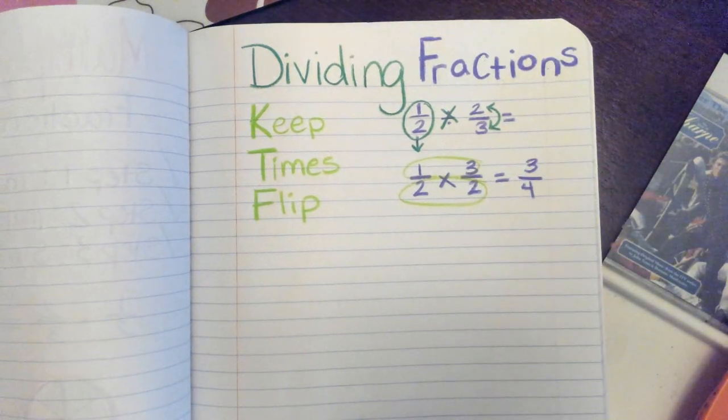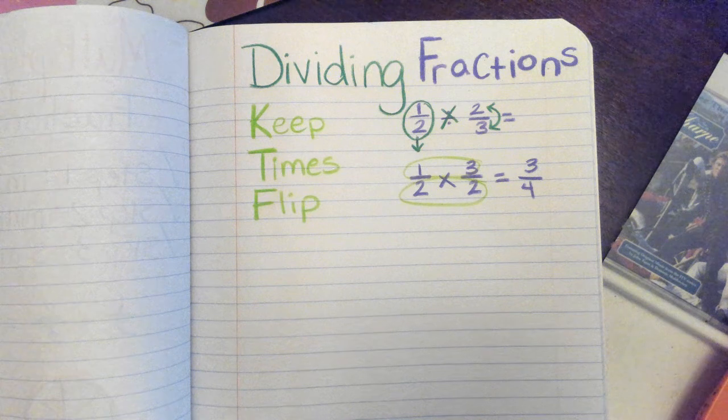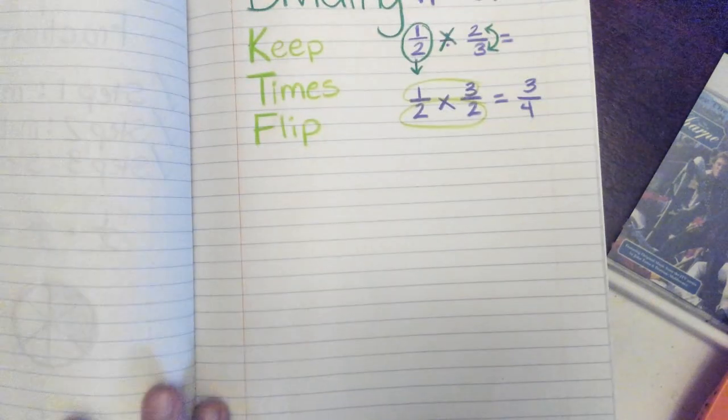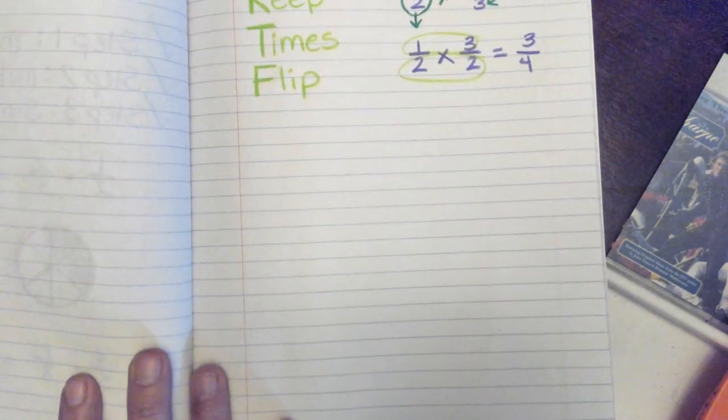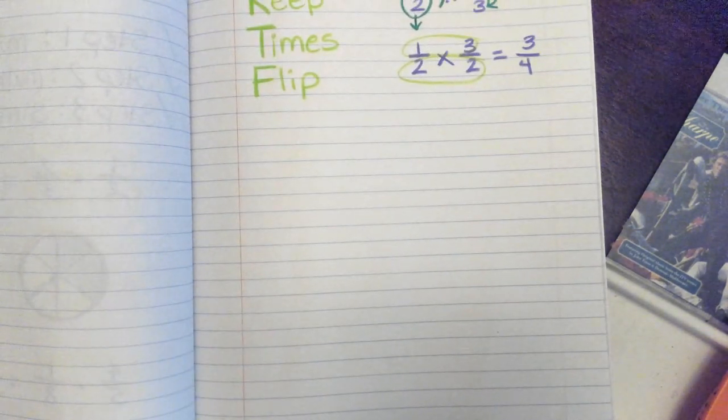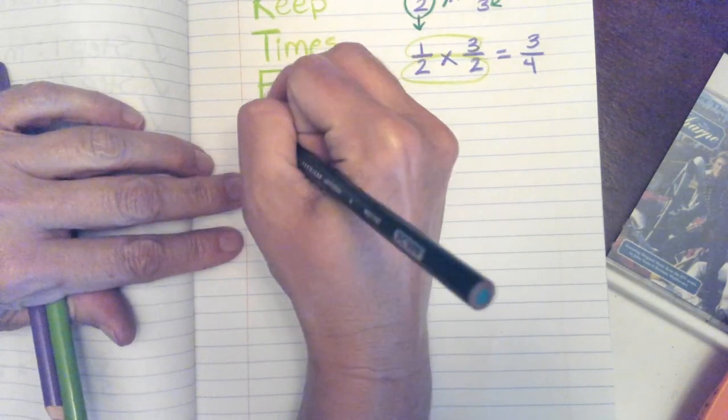Keep times flip. There's a really long explanation about why that works, and I'm happy to show you in class, but I'm not going to explain it right here on the video. What I want to talk about next is dividing fractions and whole numbers.